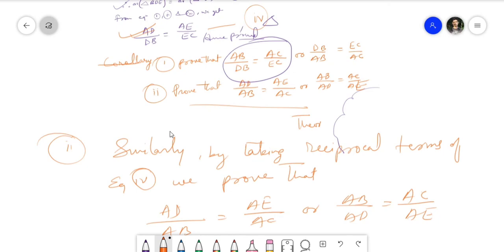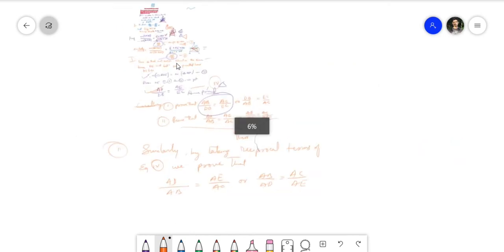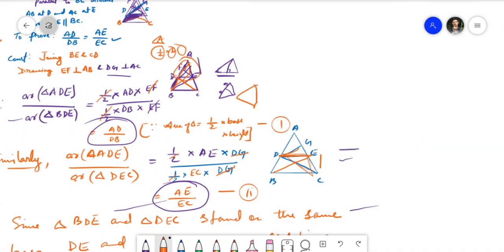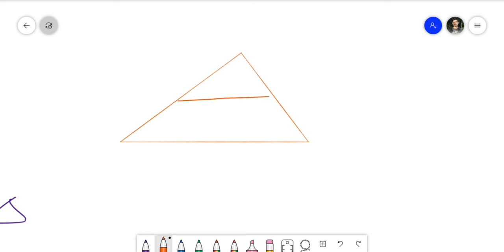Before I close this one, let me sum up this part. Remember always, if a triangle is given to you, and I draw a line over there, then the ratio of these two parts will be equal, only in case these two lines are parallel.